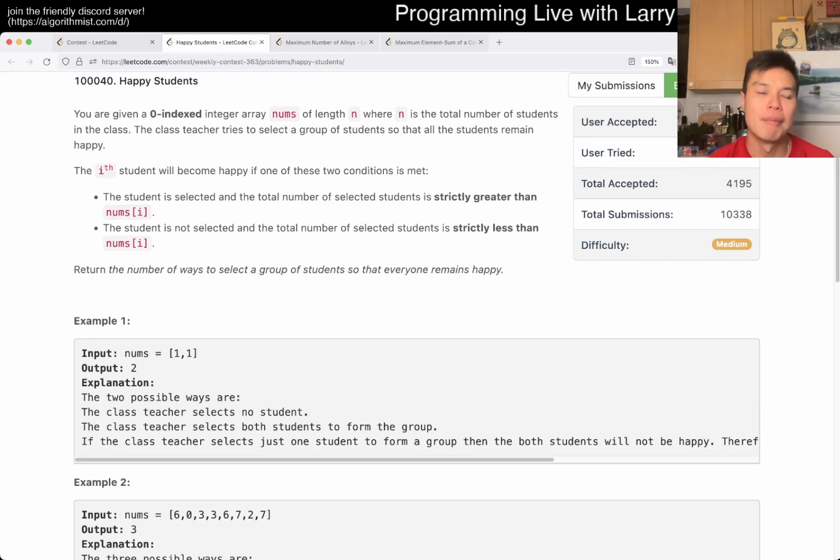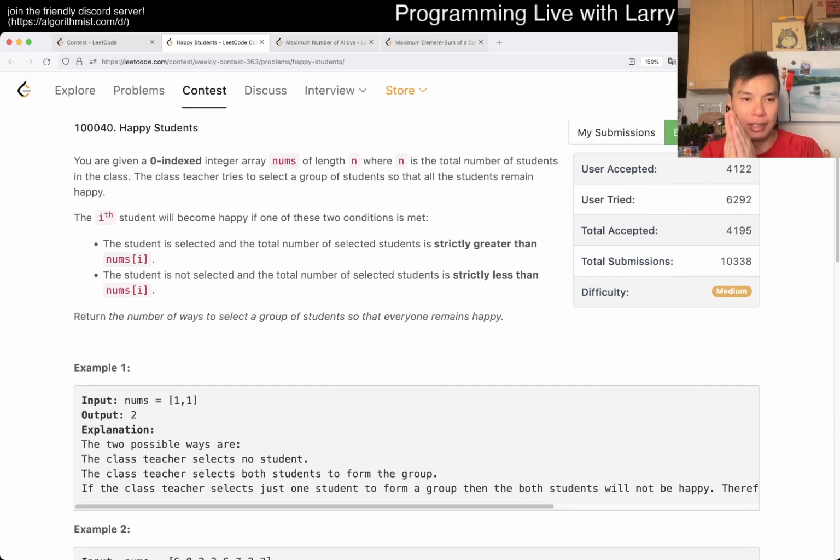just to be frank. But basically, what you want to do for this problem is to divide the entire class of students into two groups, right? A group of students that are selected and a group of students that are not selected.